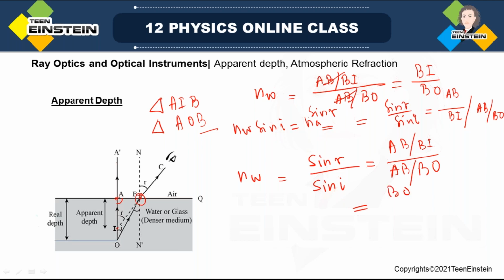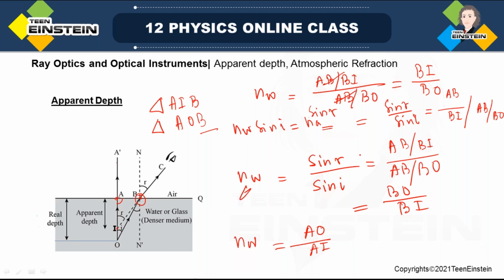So you will get here BO over BI. Then with the approximation, BO is nothing but AO, so this will actually be the refractive index. BO is nothing but AO at that approximation I told earlier, and this BI will be equal to AI. So this will give you the formula actually.